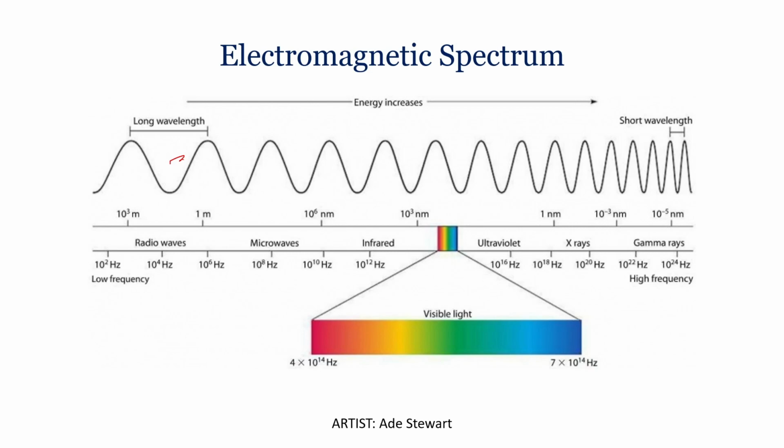These are very high energy actually. And then come X rays, and then gamma rays, having the highest energy and the shortest wavelength. At the leftmost part there are radio waves, which have the lowest energy, meaning low frequency but highest wavelength.